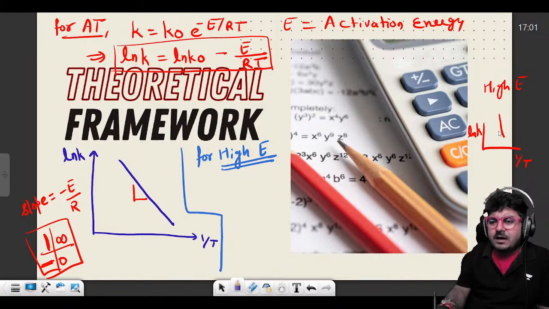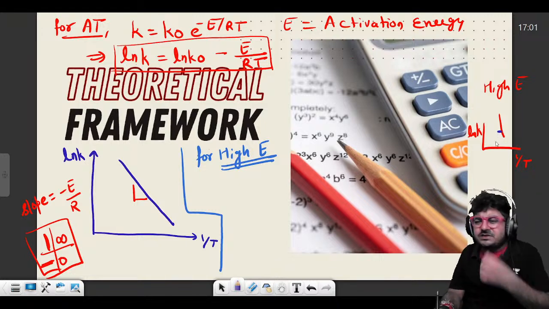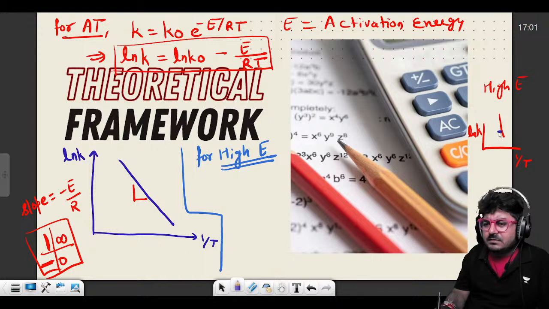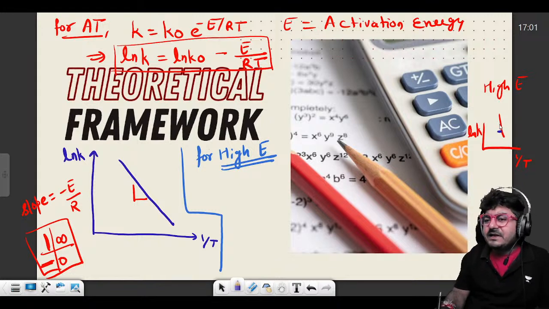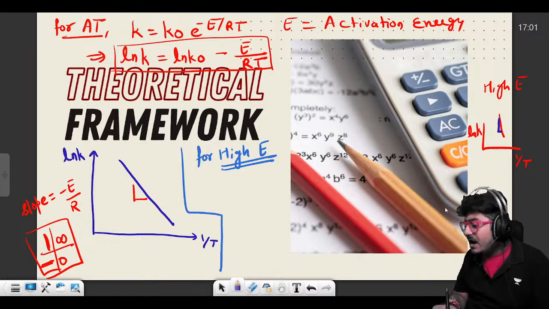If you make even a very small change in temperature, see this much, you may not even see it, it is so small, okay? So what is the percentage change in K? See such a large value, such a large change.